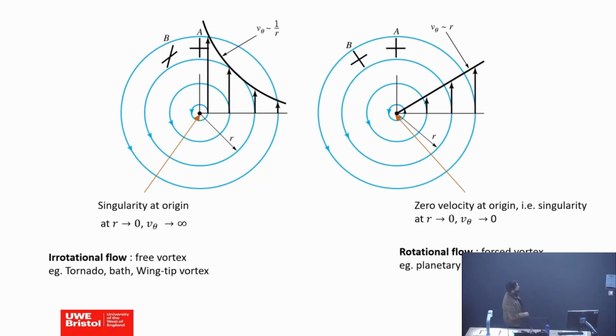There must have been an external torque to rotate that huge mass of flow and create a rotational flow. So these are the ways to characterize a rotational vortex flow and an irrotational vortex flow. They're both going in circles. One of them is rotational, one is not.